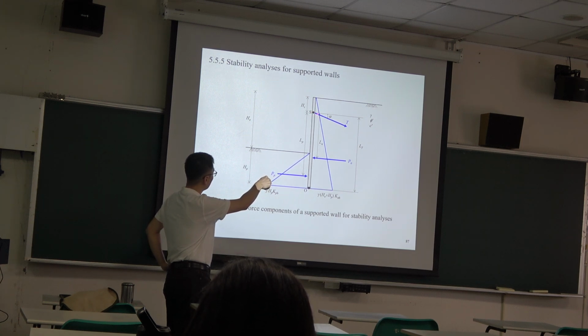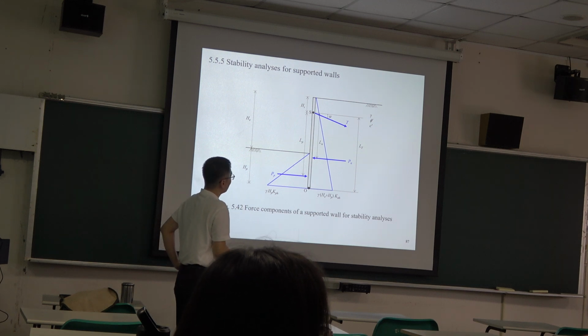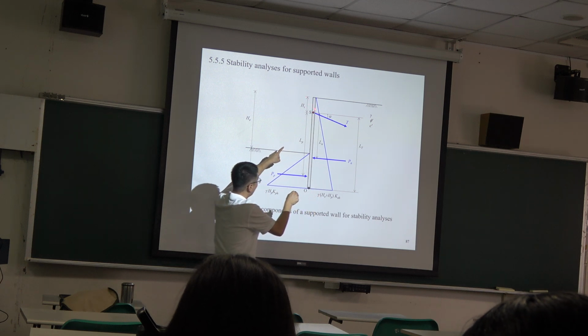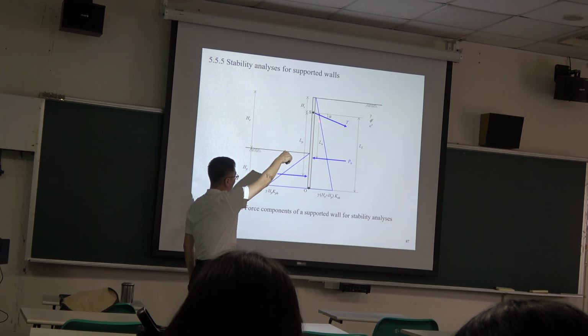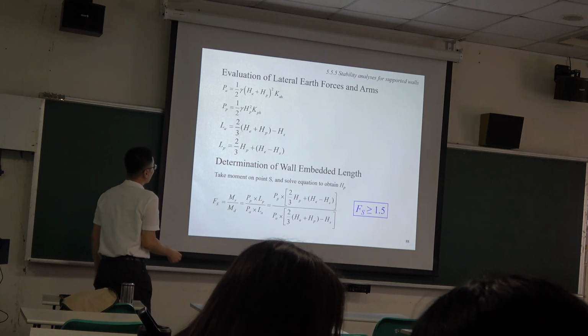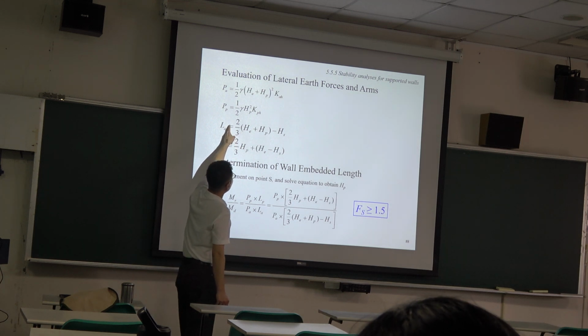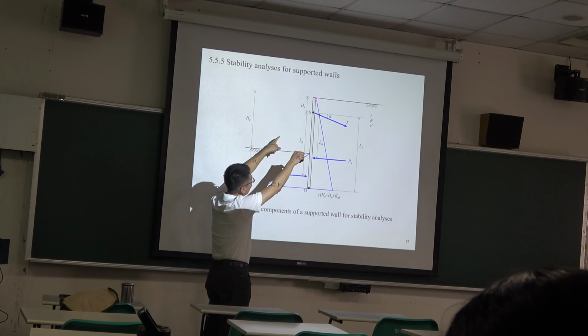We consider from this point. Yes, correct, because we consider from this point S. So our distance calculation, level up calculation is, we have 2/3 HE plus HP. 2/3 is because the triangle is here.